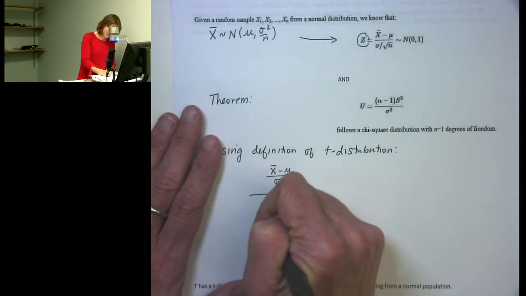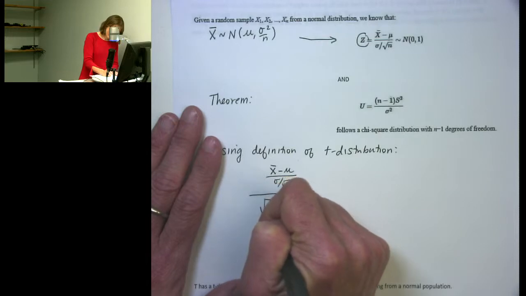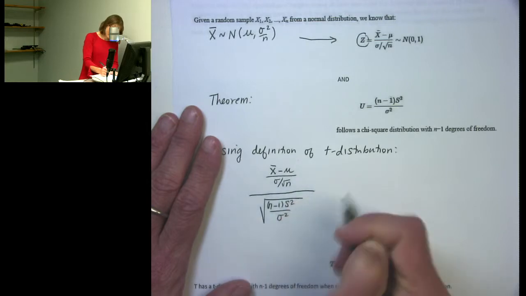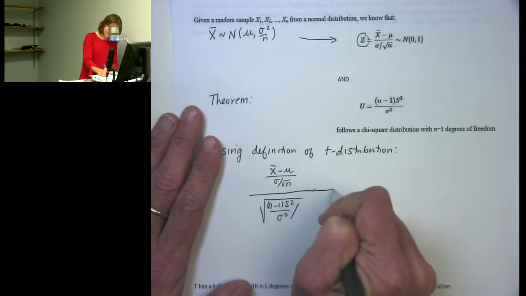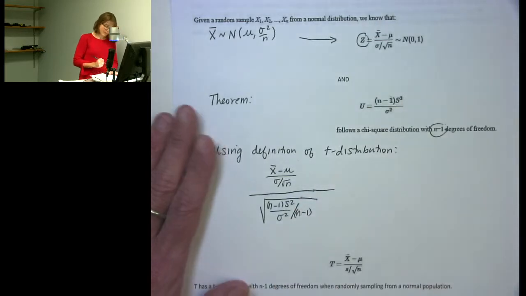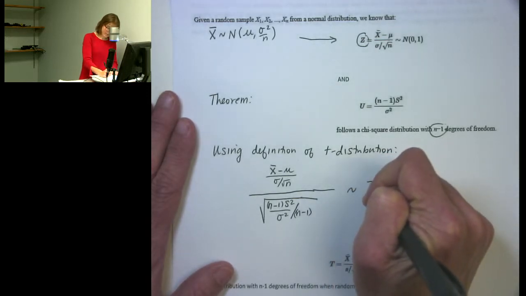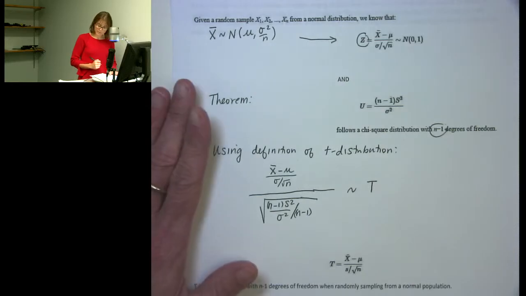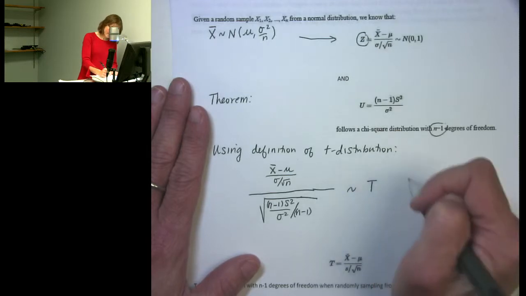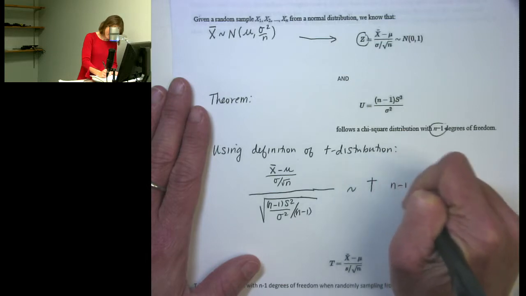So I'm taking the square root. Now I know that this U here, n minus 1 times s squared over sigma squared, divided by its degrees of freedom, and it has n minus 1 degrees of freedom, is going to have a t distribution. And it's going to have a t distribution with n minus 1 degrees of freedom.